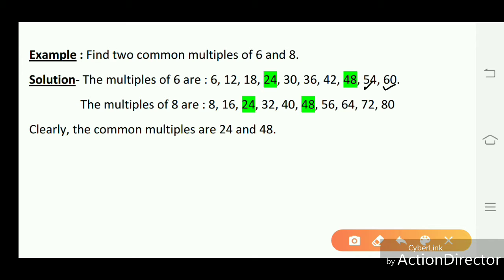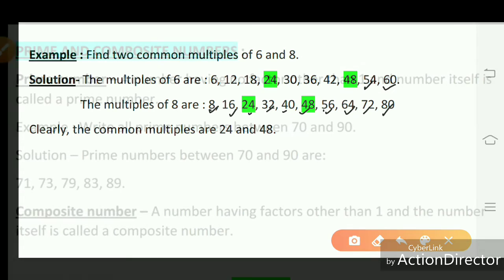And the multiples of 8 are 8, 16, 24, 32, 40, 48, 56, 64, 72, 80. So here clearly the common multiples of 6 and 8 are 24 and 48.